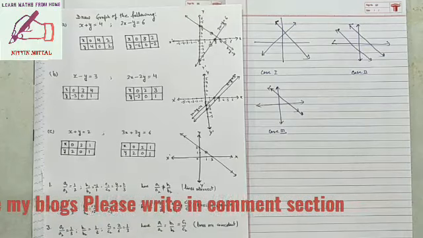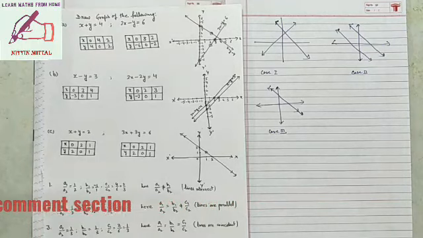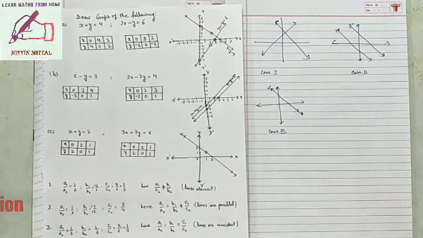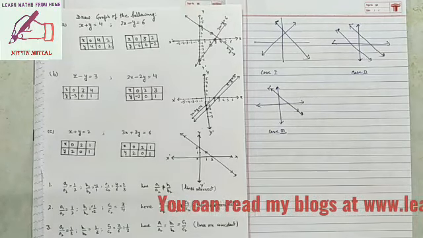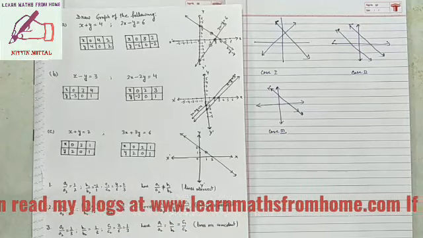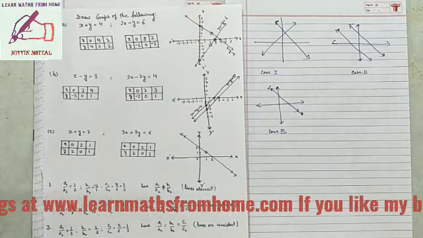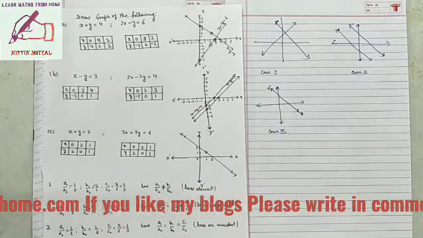You can simply see the ratio of the coefficients, a1 over a2 not equal to b1 over b2. Just by seeing that, you can declare that the given pair of equations will have a unique solution, or you can also say from the graph position point of view that the pair of linear equations graph will be intersecting lines.